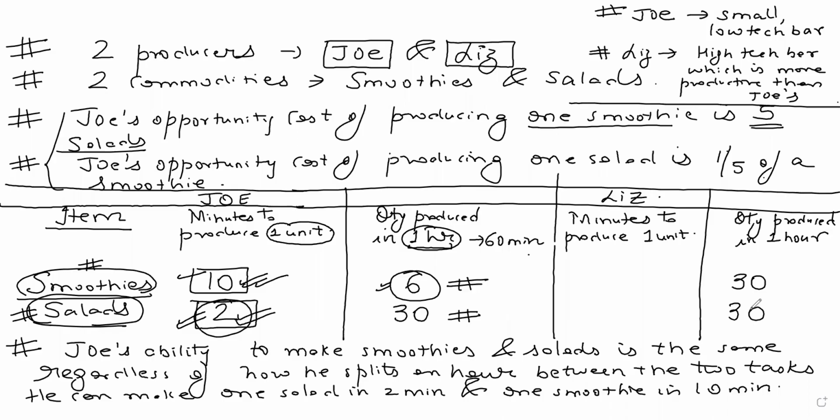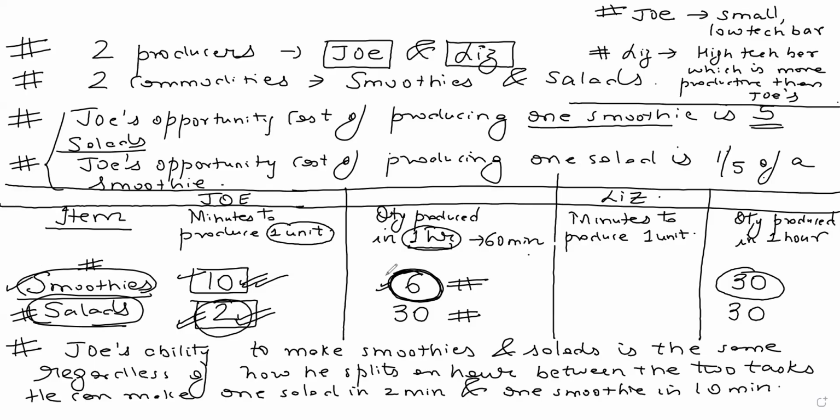So if you look at it, obviously you can see that Liz has an absolute advantage in producing smoothies. Why? Because Liz can produce 30 smoothies in 1 hour. Joe can only produce 6 smoothies in 1 hour.